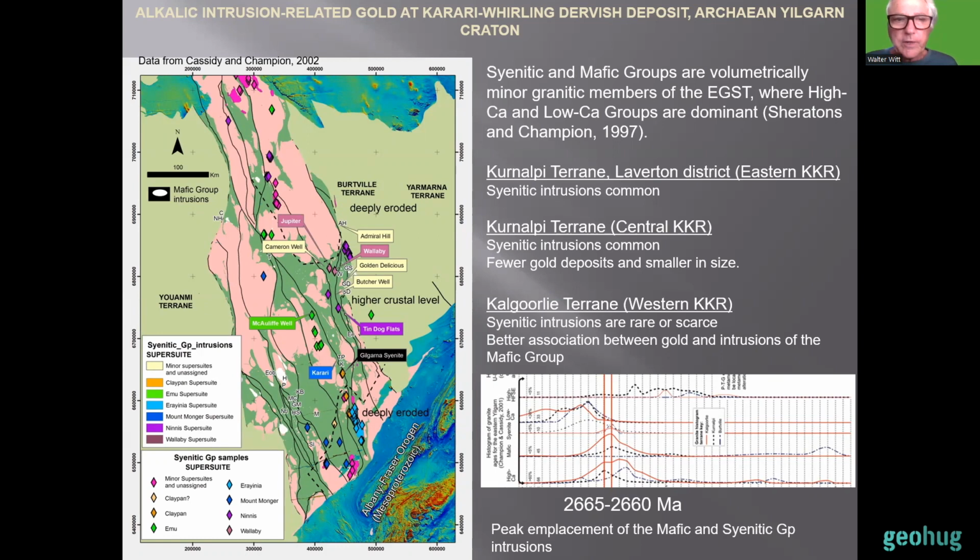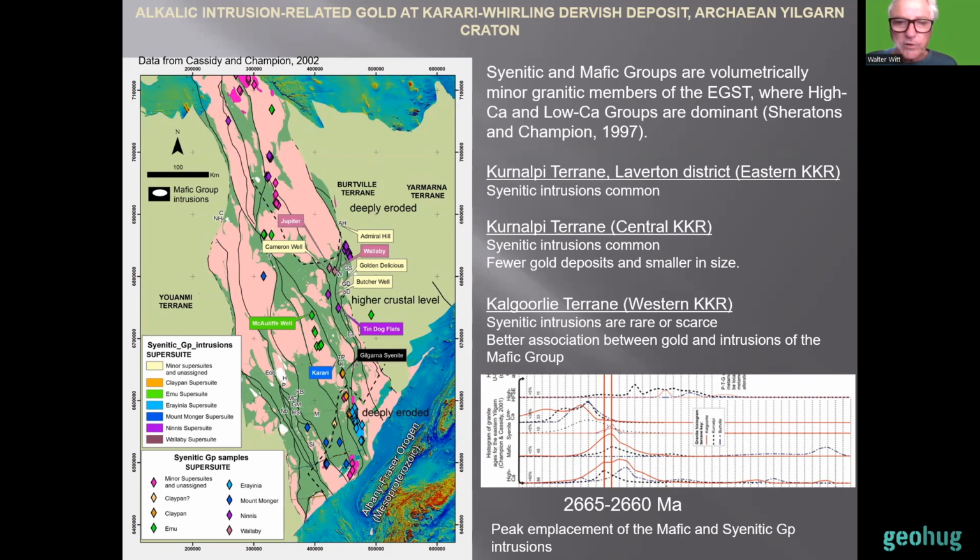Notice initially that many of these samples are unassigned, they're the pink ones, but that there is a concentration of syenitic group intrusions in the Laverton tectonic zone, where gold mines at Wallaby and Jupiter are associated with Wallaby supersuite intrusions.